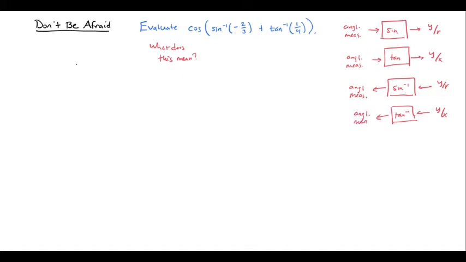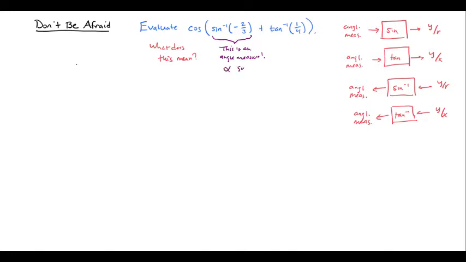So the reason I'm going over all this again is just to remind everybody that anytime I see this, this is an angle. It's an angle measure, and it's actually useful to give it an angle measure name. Let's call it alpha. All right?